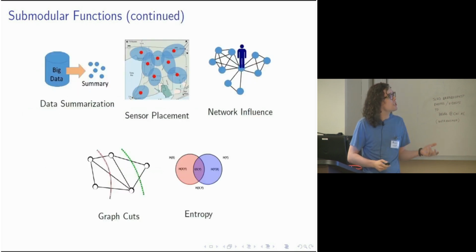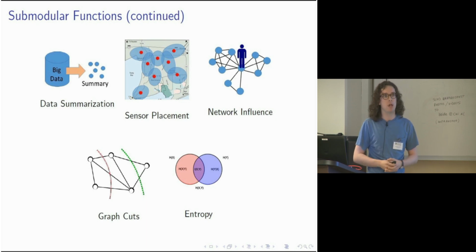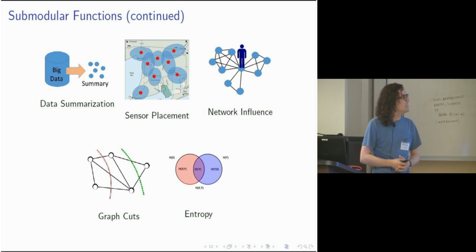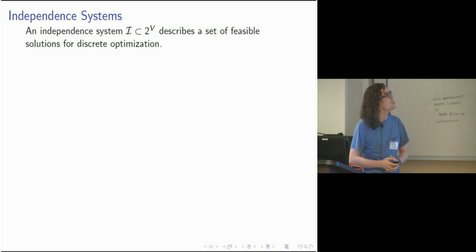This diminishing returns property comes up a lot in machine learning, in decision making, and also classic combinatorial optimization.